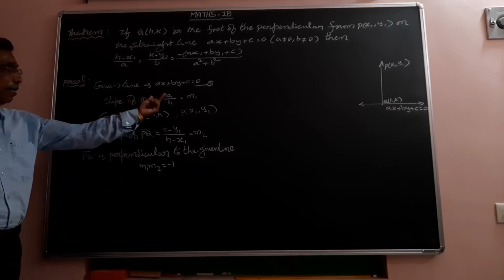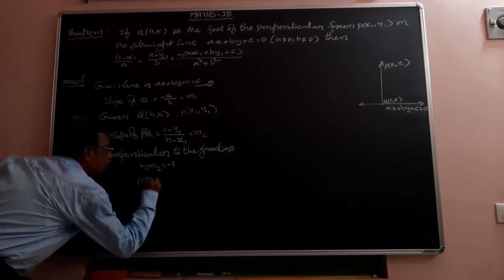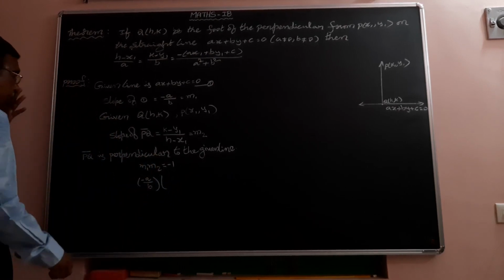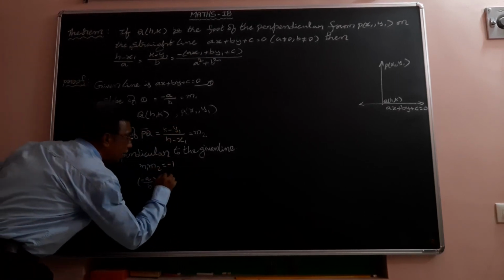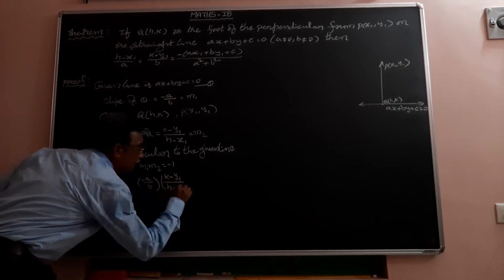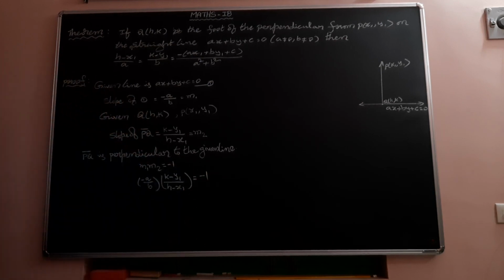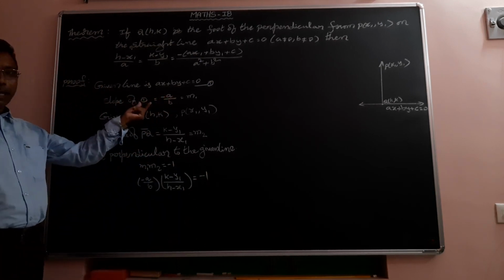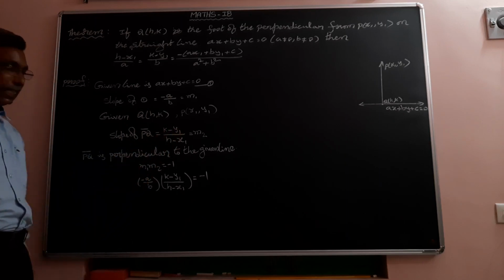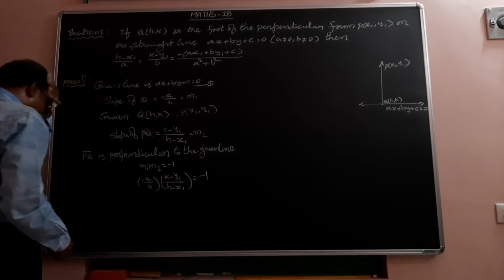What is m1? Minus a by b. Minus a by b into m2. What is m2? K minus y1 by h minus x1 equal to minus 1. m1 is minus a by b, m2 is k minus y1 by h minus x1, m1 into m2 equal to minus 1.